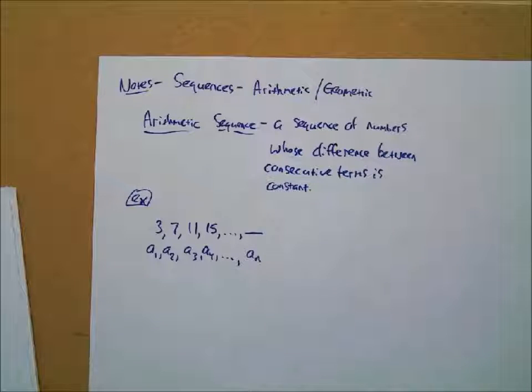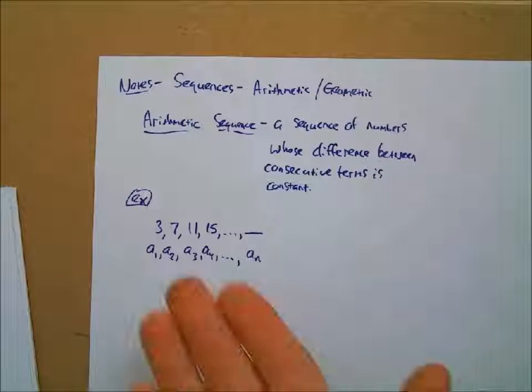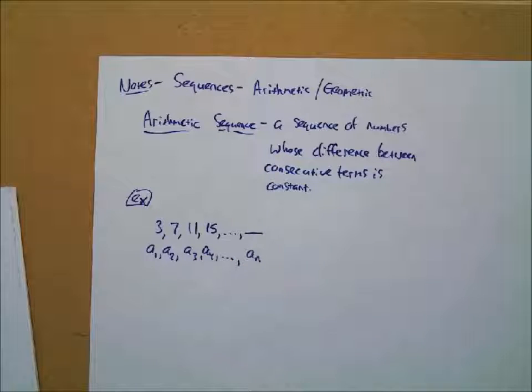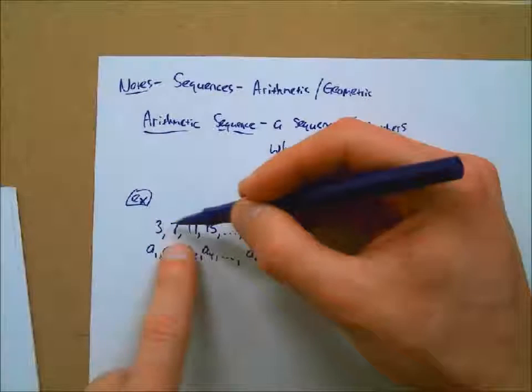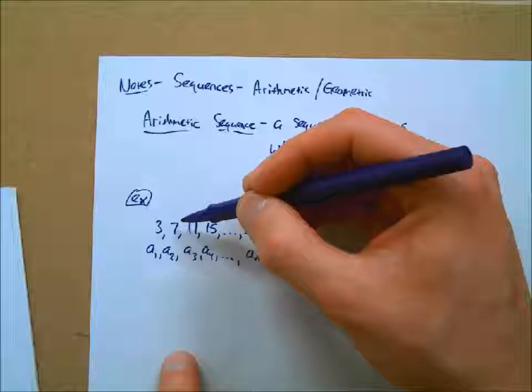Now this sequence that I gave you, I haven't identified it yet as arithmetic, but is it arithmetic? Well, to match the definition, we need the difference between consecutive terms to be constant. What's the difference between these two consecutive terms? 4, right?